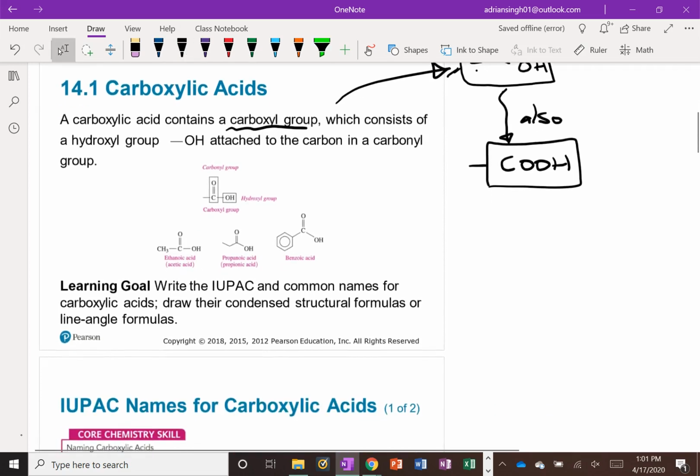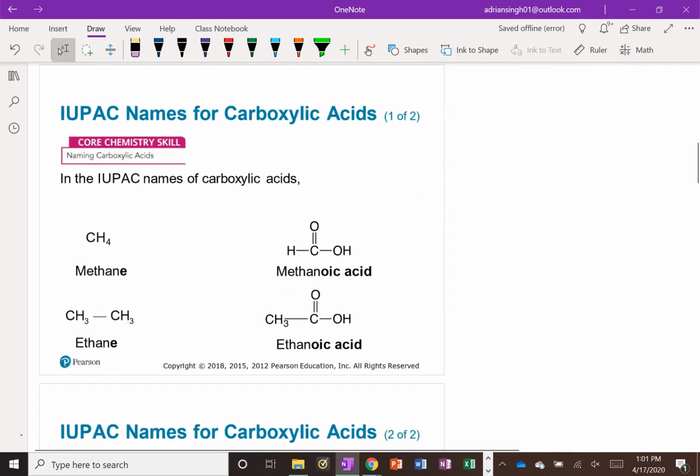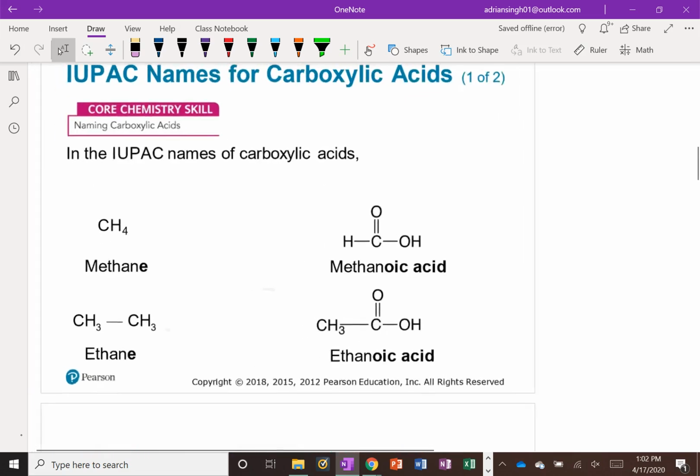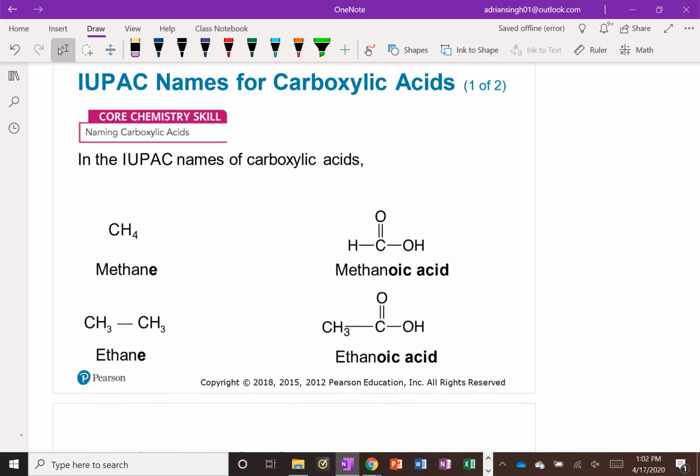So we'll take a look first of all at how we name the carboxylic acids, and what we're going to see here is a naming system that's going to be similar to what we've seen before. So in all of the nomenclature we've seen before, we first of all have to establish what the longest continuous carbon chain is, and now that carbon chain has to contain the carboxylic acid functional group.